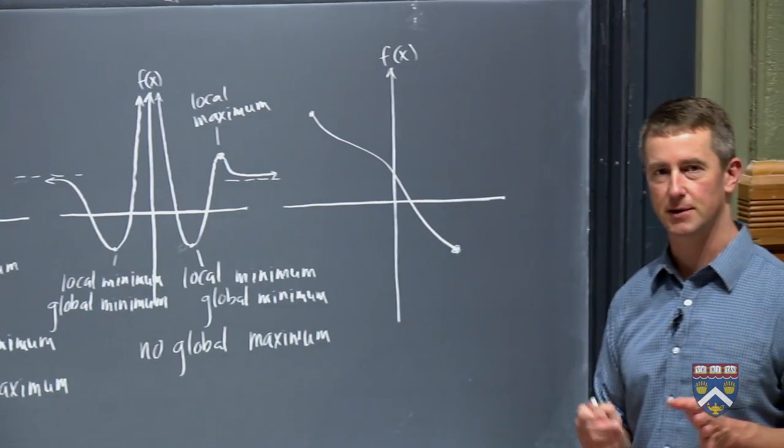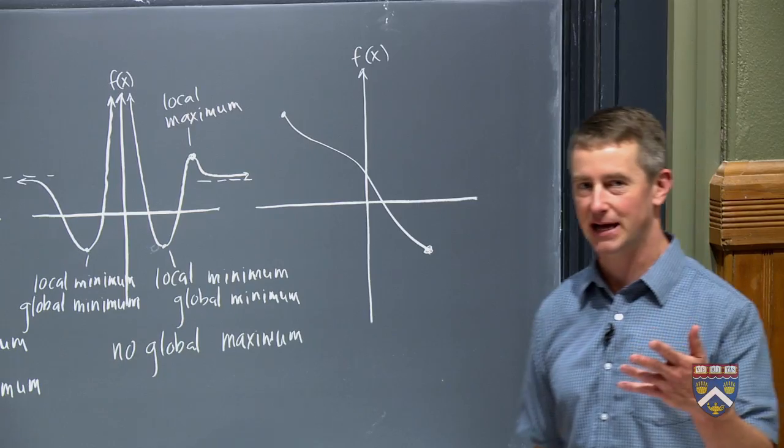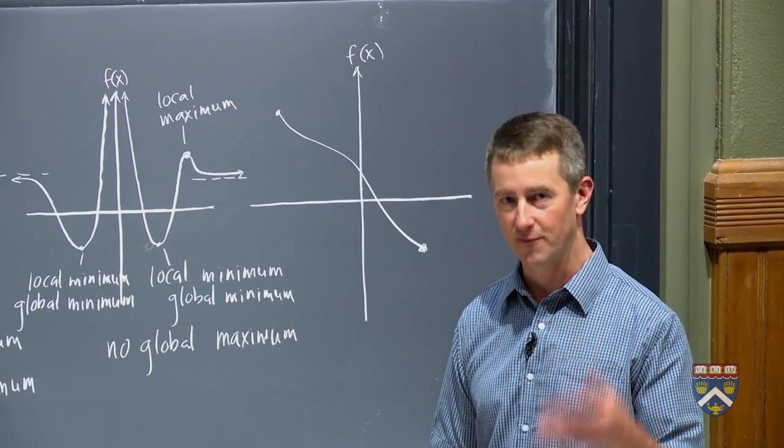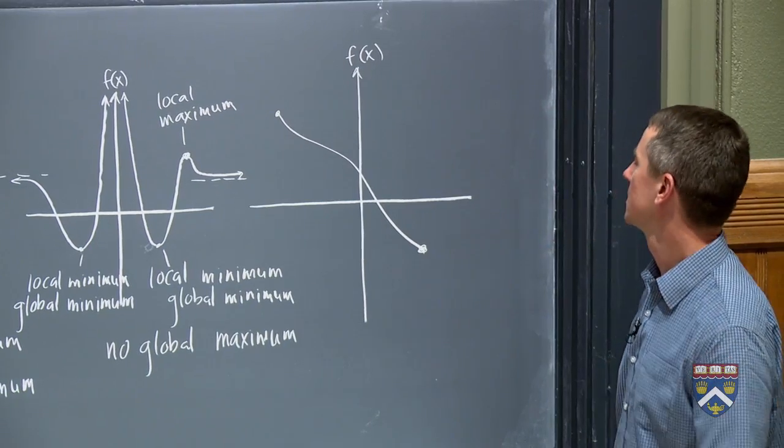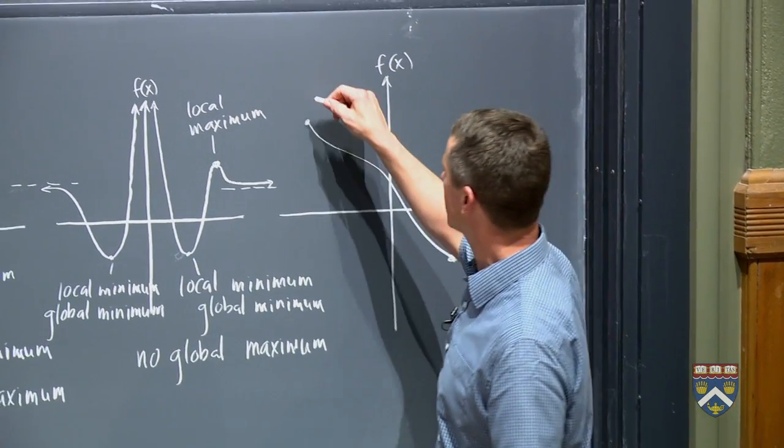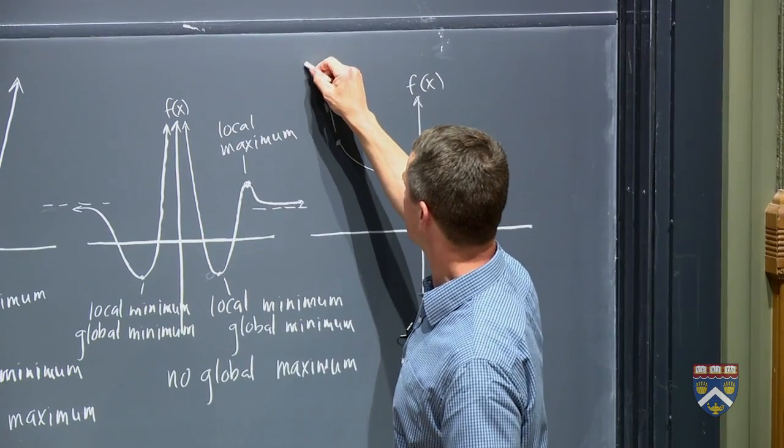So these are meant to illustrate all the different things that can happen, because our next job is going to be to try to come up with a procedure for finding, using calculus, local extrema and global extrema. And here's our last example. We've got a what here? This is a global maximum.